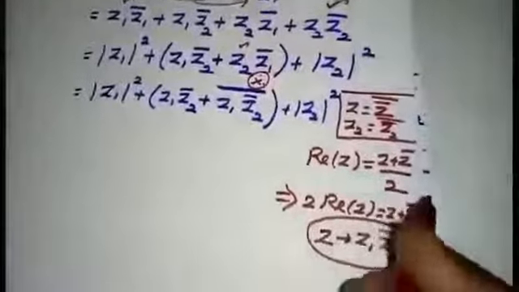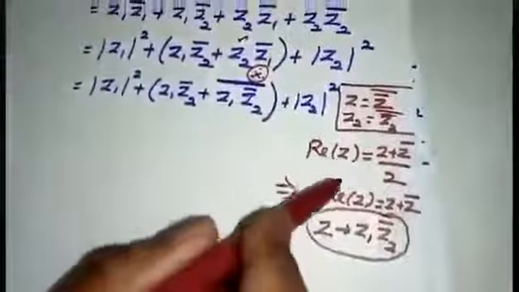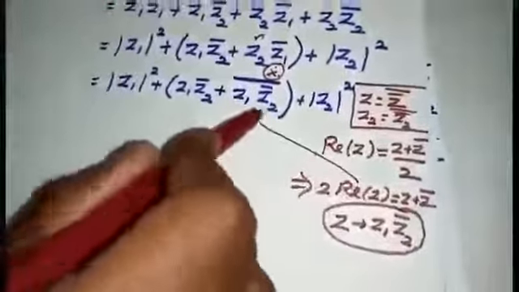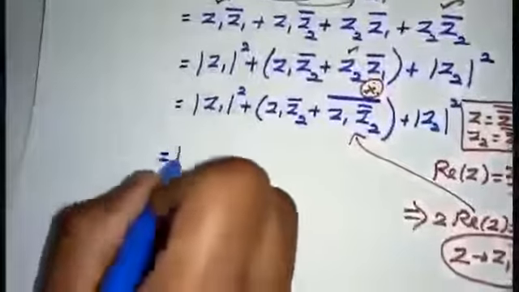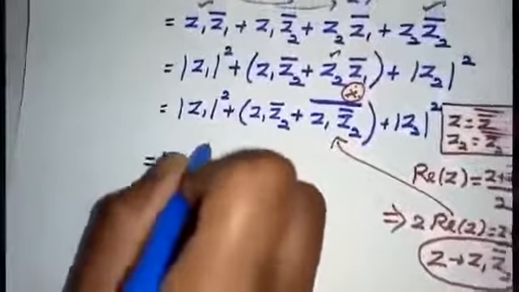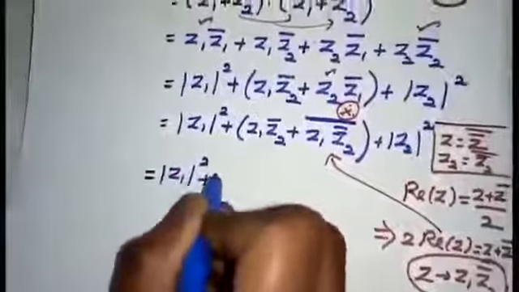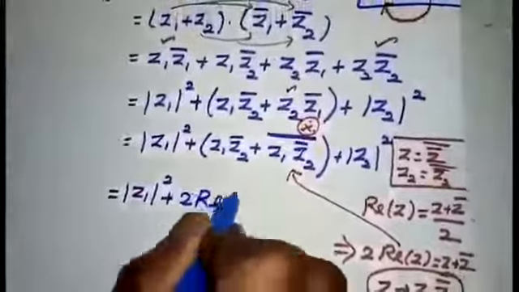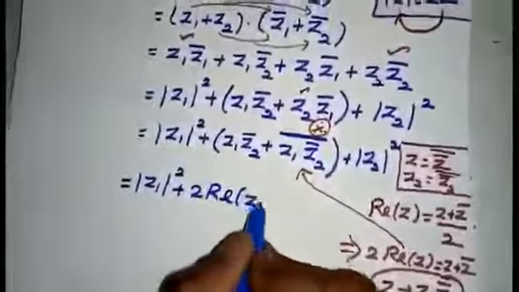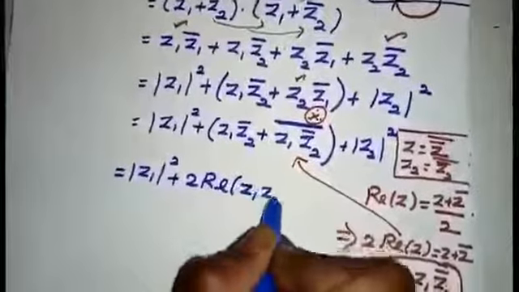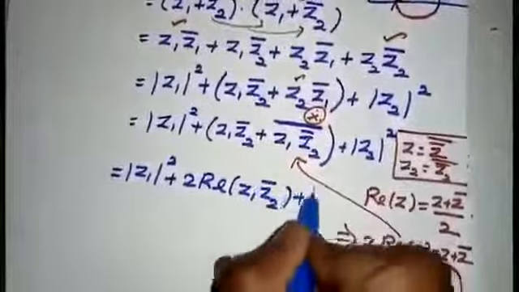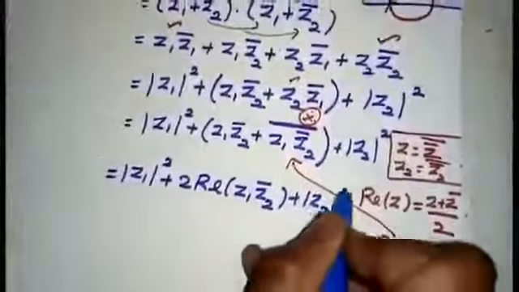So, just see students how I am going to write. I am going to replace this concept in this place, that is modulus of Z1 the whole square plus 2 real part of Z1 Z2 bar plus modulus of Z2 the whole square.